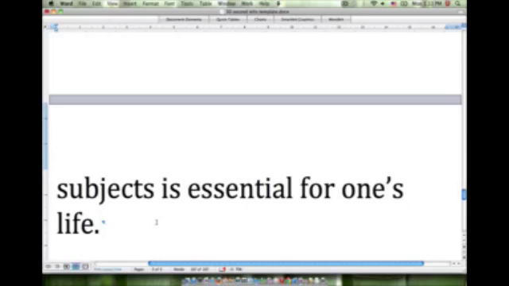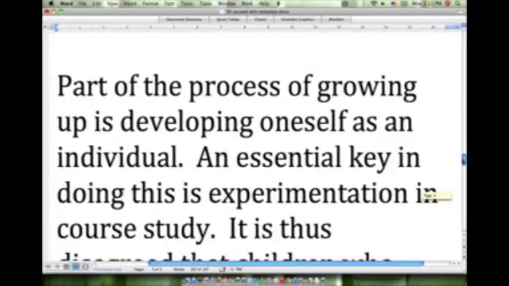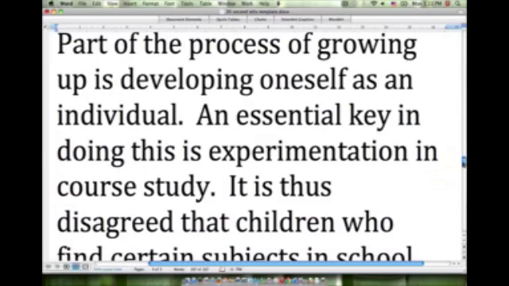Okay, so let's read through the opening paragraph together, and you will see how the sentences flow together and link, and how our introduction paragraph acts as kind of a roadmap for the rest of the essay. Here we go. Part of the process of growing up is developing oneself as an individual. An essential key in doing this is experimentation in course study.